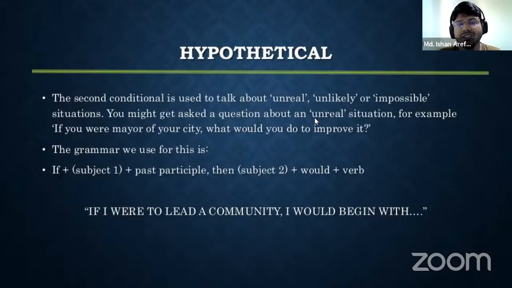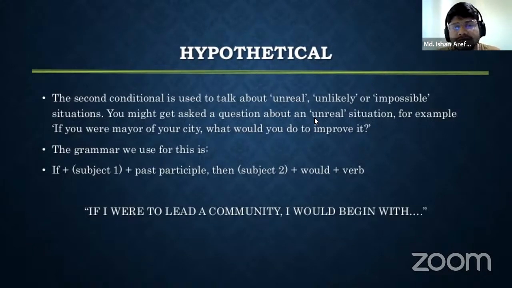So start the sentence with if, then the subject, in most cases you. So if I were, that's the past form. If I were the mayor of the city, then I would. In the second conditional you have to use would. So if I were, that's the first conditional.